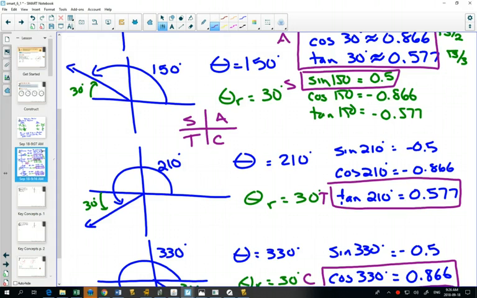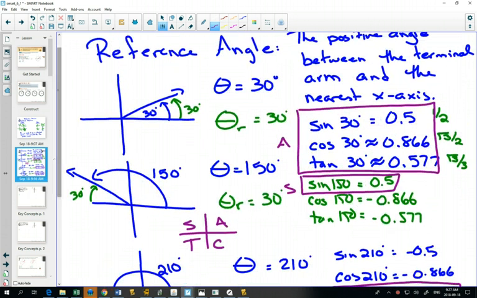And the reference angle is important because if you know what sine of 30 degrees is, then you know what all of the other angles are with the same reference angle. The idea behind it is because of triangles, right? Sine, cos, and tan are triangle-based.